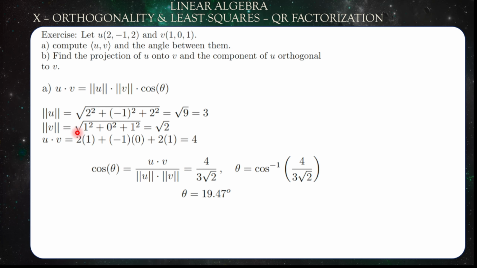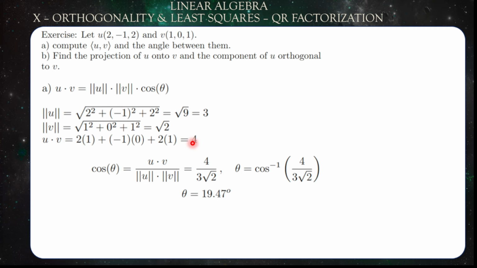The modulo of v is given by the square root of 1 squared plus 0 squared plus 1 squared, equals square root of 2. And u dot v is equal to, we multiply element by element both of the vectors, so it is 2 times 1 plus minus 1 times 0, which is 0, plus 2 times 1, equal to 4.